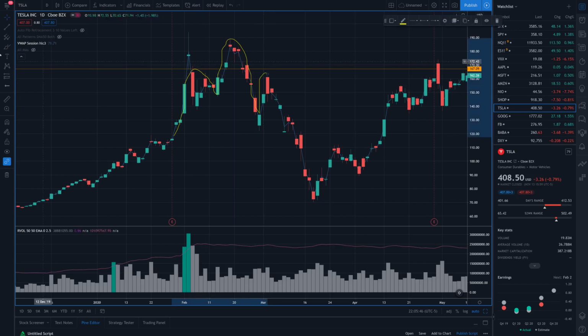After it bounced back up, it didn't move higher. It didn't show strength. It showed more weakness. So it fell right back down with more sellers coming in.